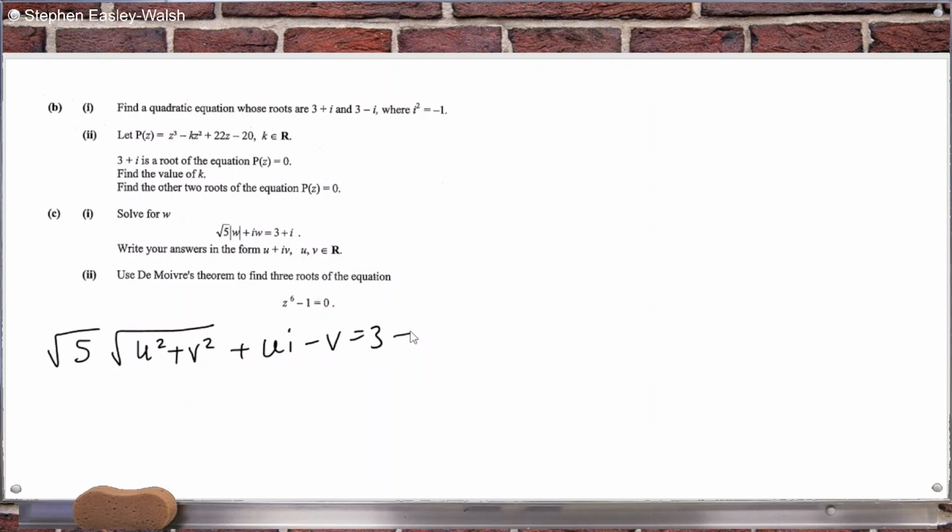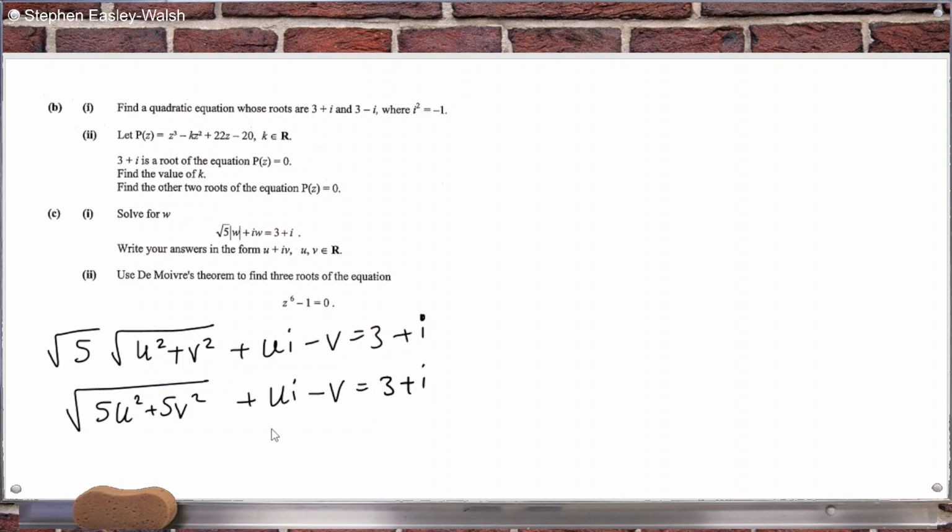That equals 3 plus i. So that's root 5u squared plus 5v squared plus ui minus v equals 3 plus i.